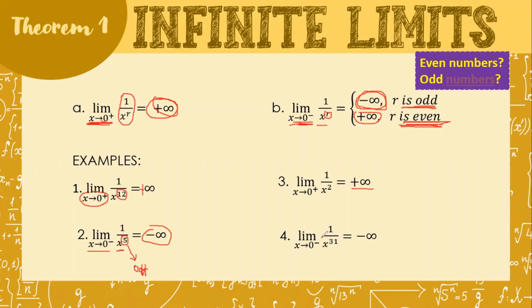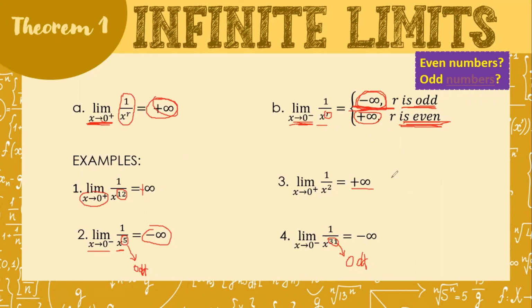Since 31 is an odd number, the result is negative infinity.